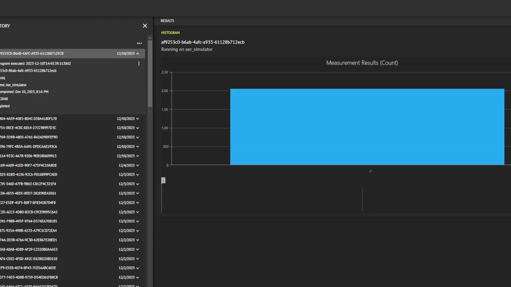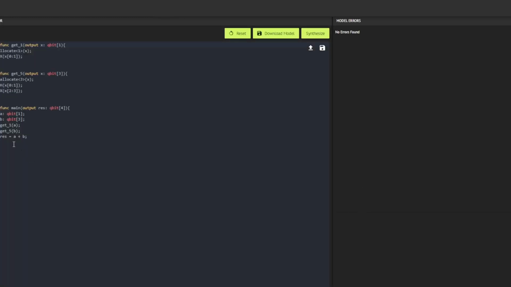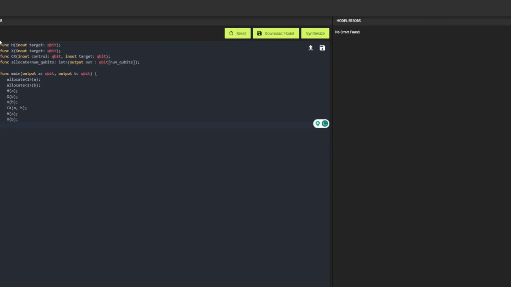And now let's see the demo of the actual circuit. So for that, we will use this Qmod language and just hit this synthesize button.